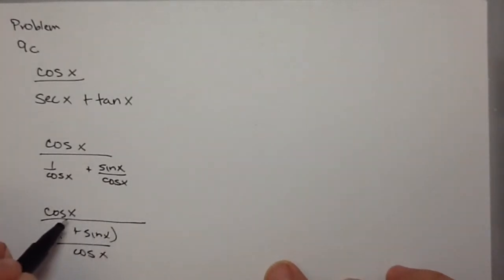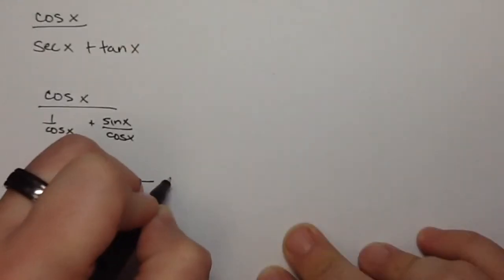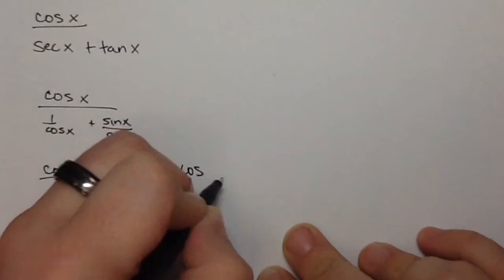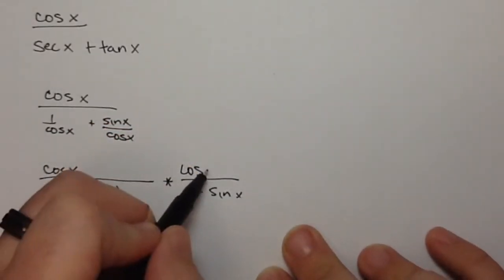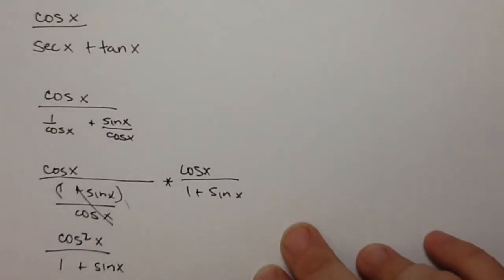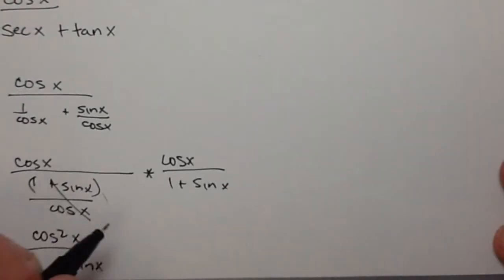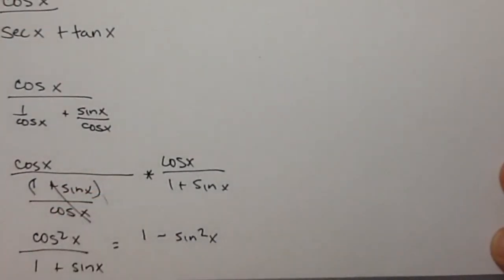So again, we're going to take this denominator fraction, flip it, and multiply. So flip and multiply. So that's cosine over 1 plus sine x. So cosine x times cosine x gives us cosine squared x over 1 plus sine x. Cosine squared is 1 minus sine squared x.